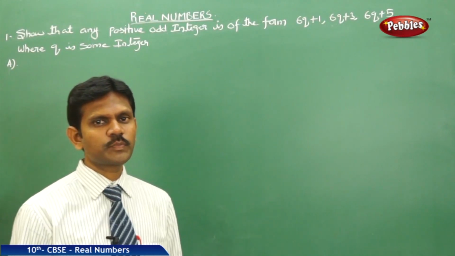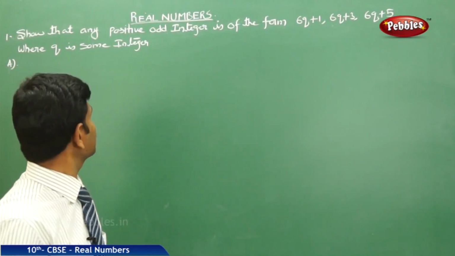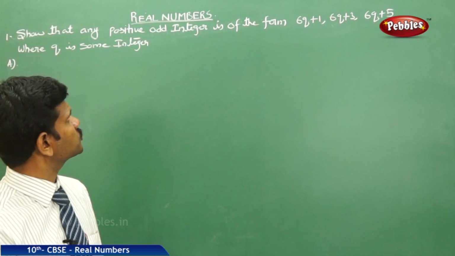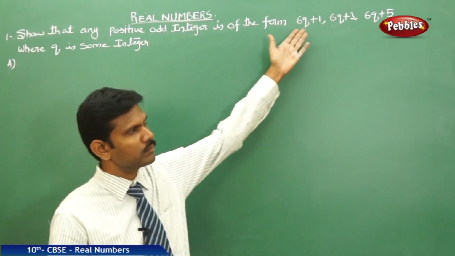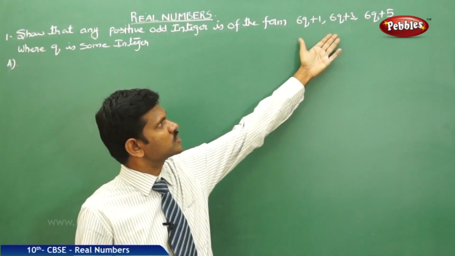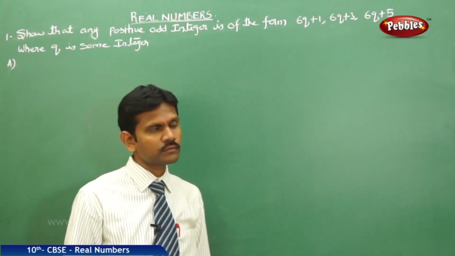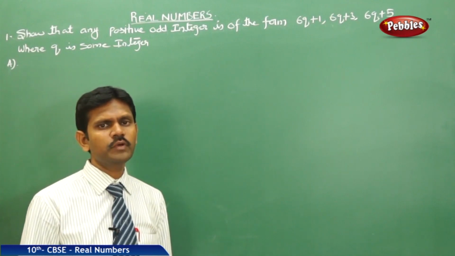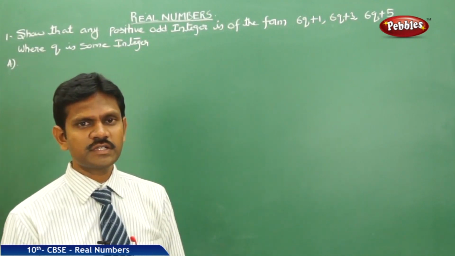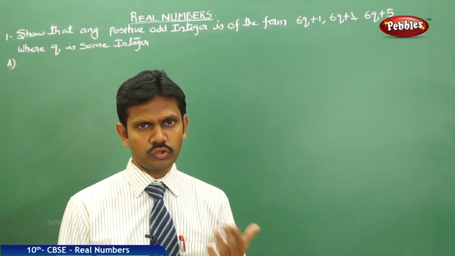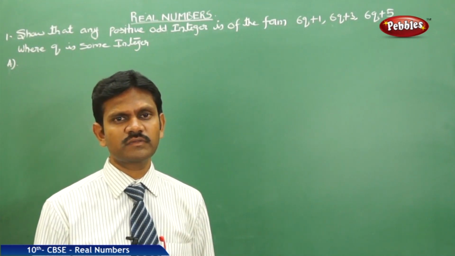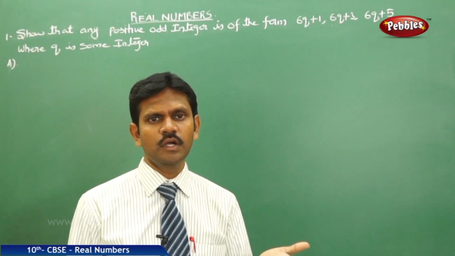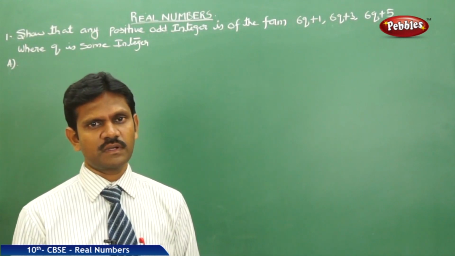Okay, let us see our next problem. Show that any positive odd integer is of the form 6q plus 1, 6q plus 3, 6q plus 5, where q is some integer. We know very well every even integer is of the form 2q and every odd integer is of the form 2q plus 1, that is either 2n or 2n plus 1.